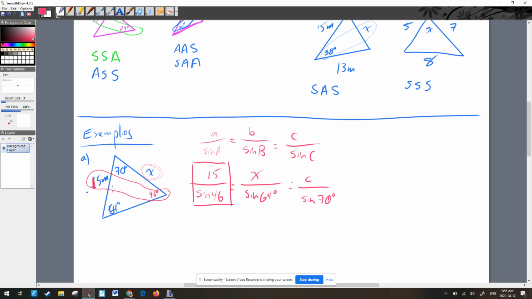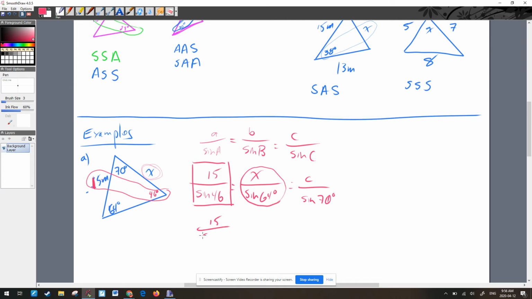That's how we make sine law work. We're looking for a complete ratio, which we've got, and then we have to have a half complete ratio. In fact, we've got two half complete ratios. So we could use sine law to solve for both of those sides, but we really only want x for this particular example. So there it is right there. I'm going to rewrite those.